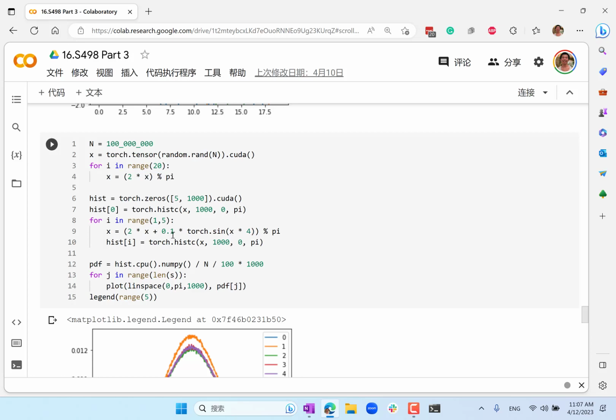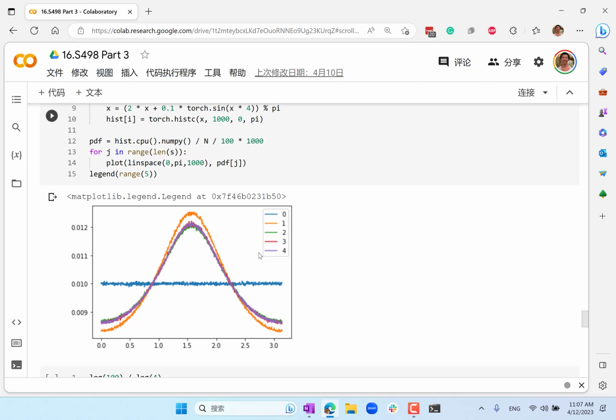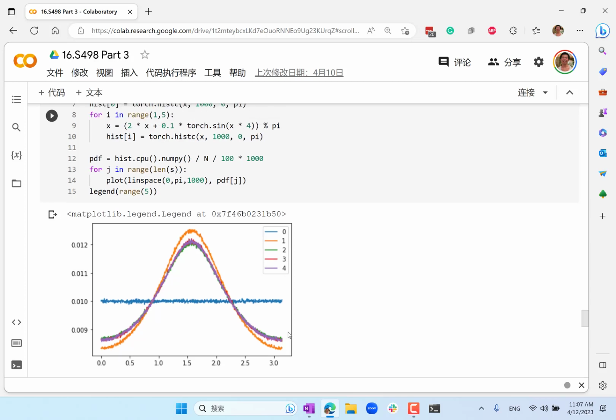So we have been slightly perturbing the sawtooth map, and after 4 iterations we obtain the equilibrium density that is higher in the middle of the domain and lower at the 2 ends of the domain.